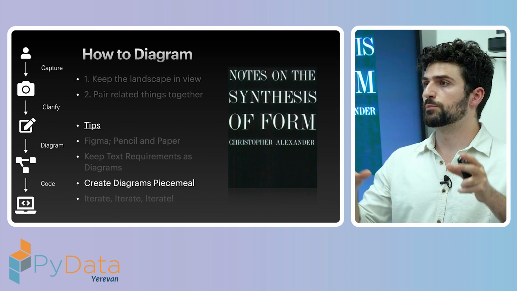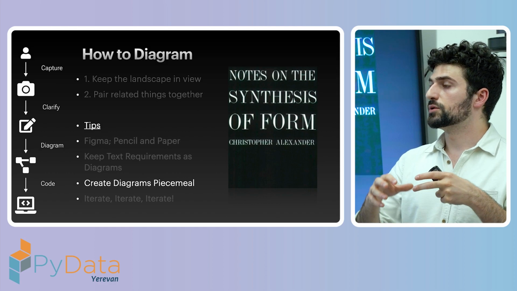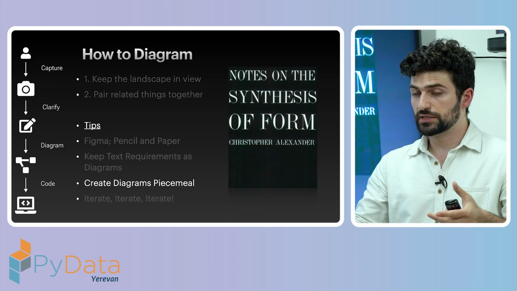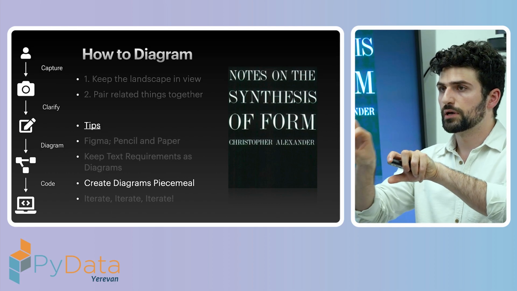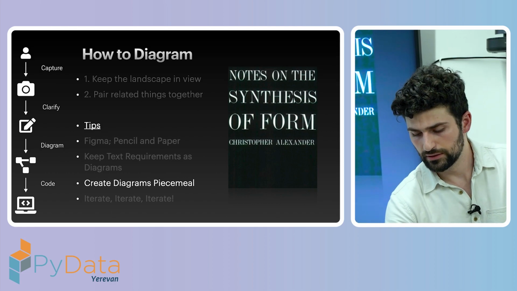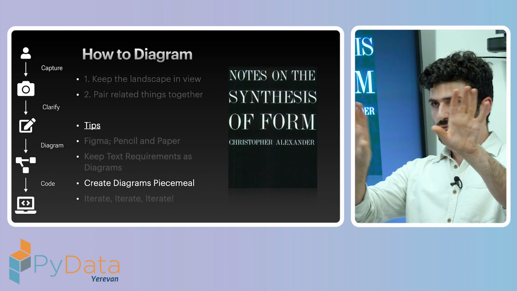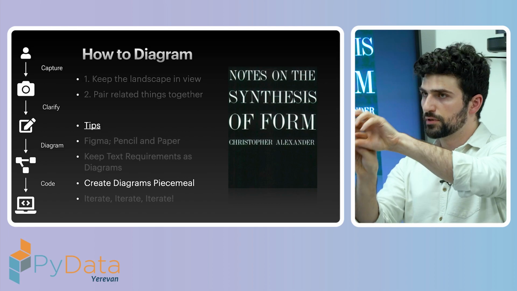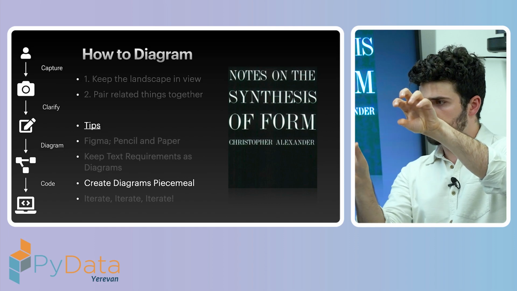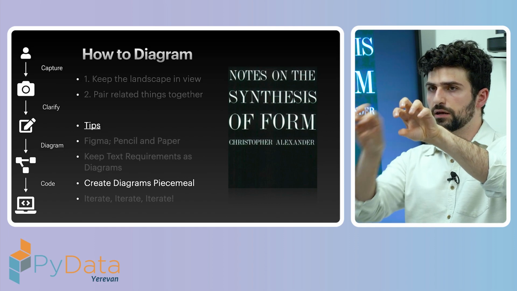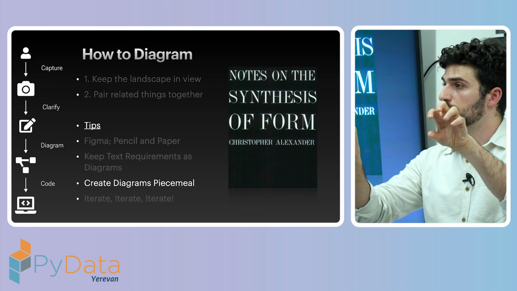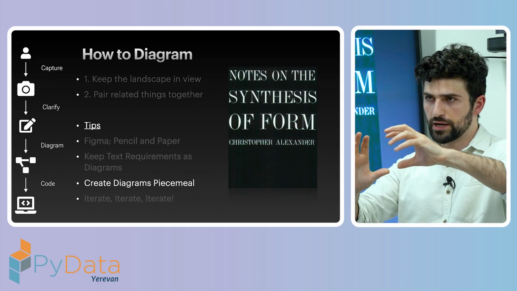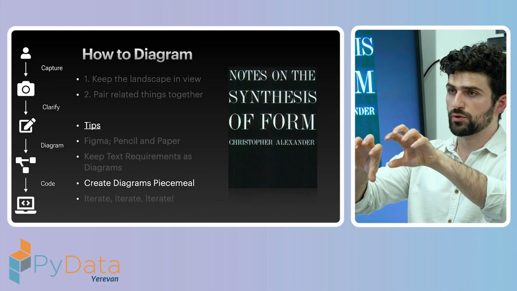He gives basically a process for design. And one of the things he talks about in this process is the idea of creating diagrams piecemeal. What does this mean? You have your dashboard, you can focus on one area, clean it up, put it here. Maybe you take two things, put them together, clean it up. Those are two diagrams. You can then combine them to make a bigger diagram and continue to do it from there.